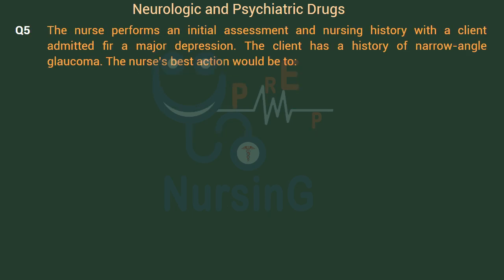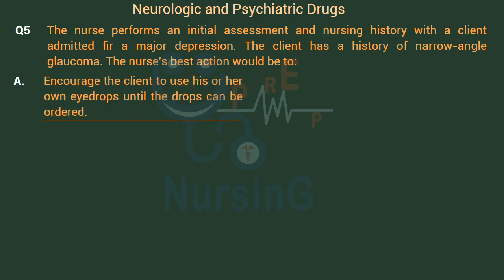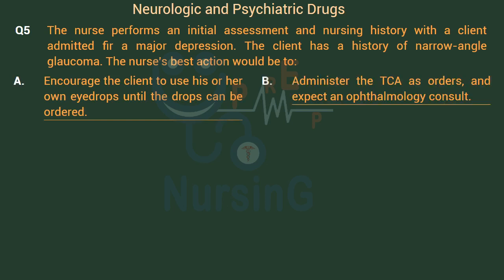The nurse performs an initial assessment and nursing history with the client admitted for a major depression. The client has a history of narrow-angle glaucoma. The nurse's best action would be to: Option A. Encourage the client to use his or her own eye drops until the drops can be ordered. Option B. Administer the TCA as ordered and expect an ophthalmology consult.